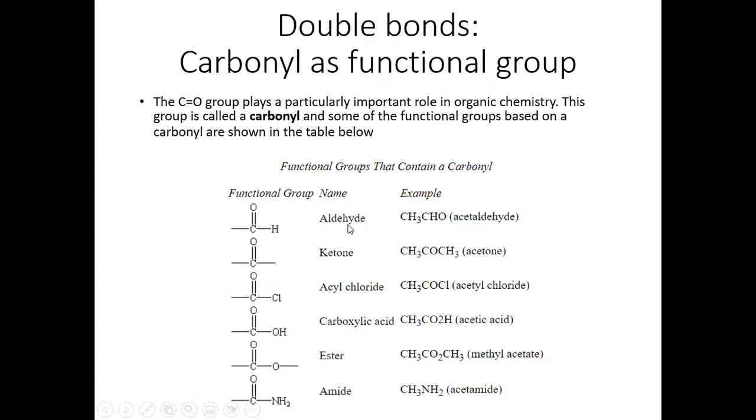You can see aldehyde has a carbonyl, ketone, right? Acyl chloride, carboxylic acid, ester, and amide. Examples: acetaldehyde, acetone, acetyl chloride, acetic acid, methyl acetate, and acetamide.